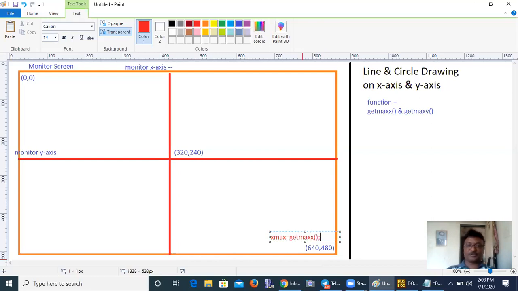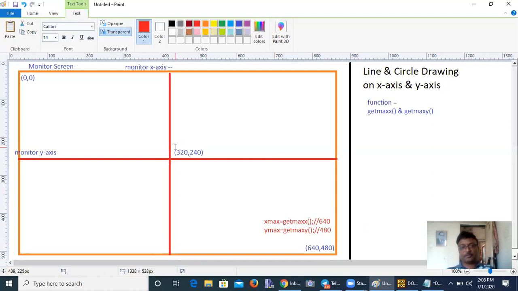So this function returns which value? 640, because 640 is the maximum value of your x. Now ymax is getmaxy. So this function returns which value for ymax? 480. Correct.